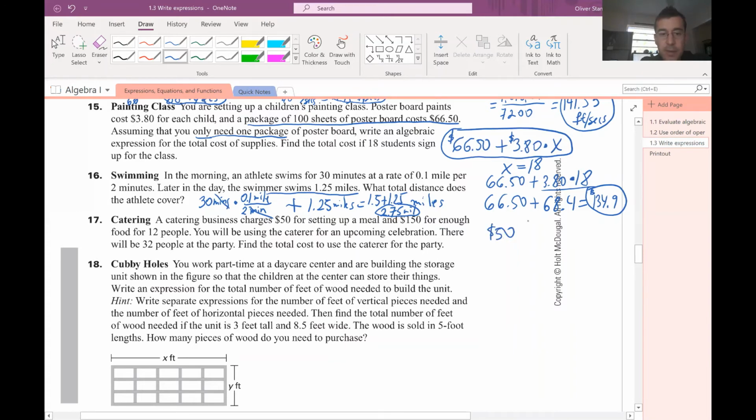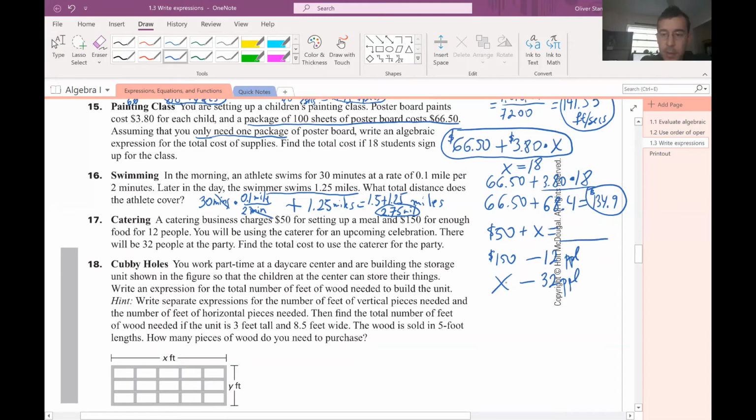And then we have to find out how much it's going to cost for the food for 32 people. But we know that $150 is enough food for 12 people. And then for 32 people, we don't know. This is what we need to find. And then 50 plus whatever this x is going to be the final answer.